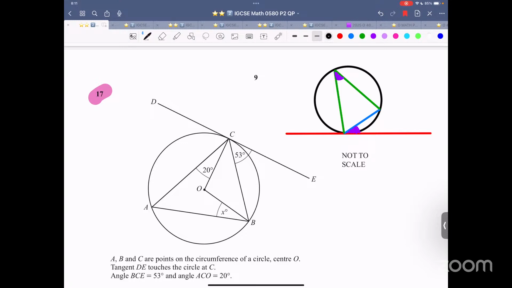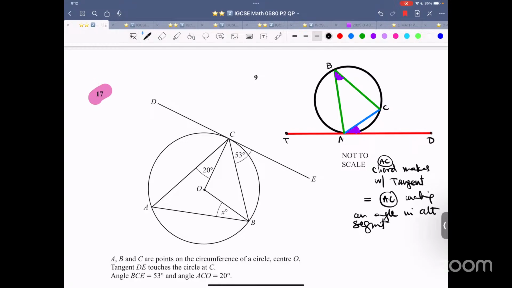This is A, B, C, and this is T, A, D. So the angle a chord makes with a tangent should equal the angle the same chord, AC, is making in the alternate segment, that in this case is the major segment at circumference.